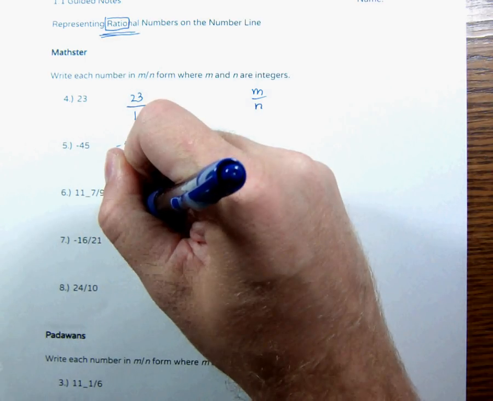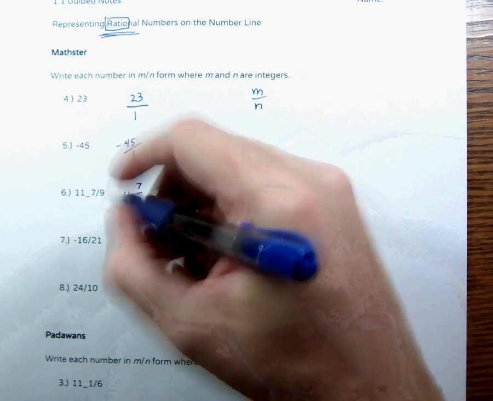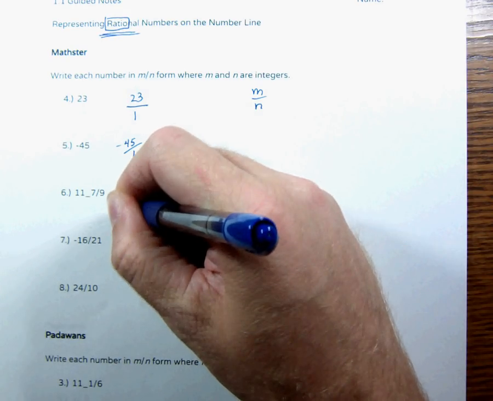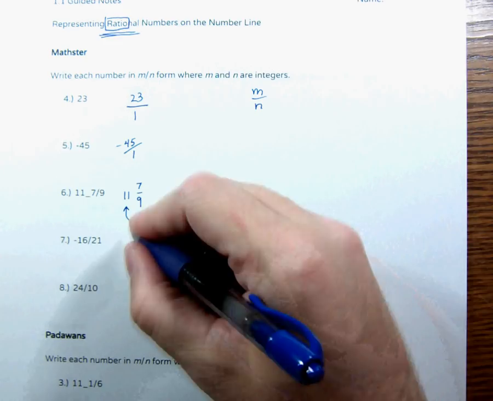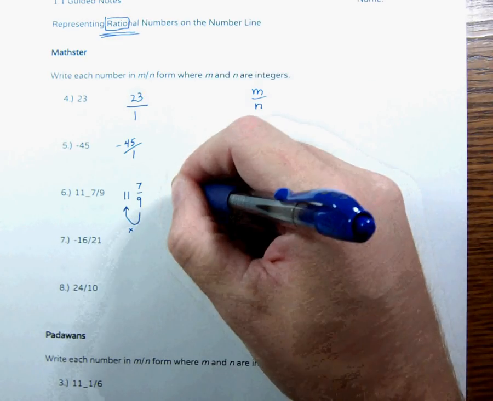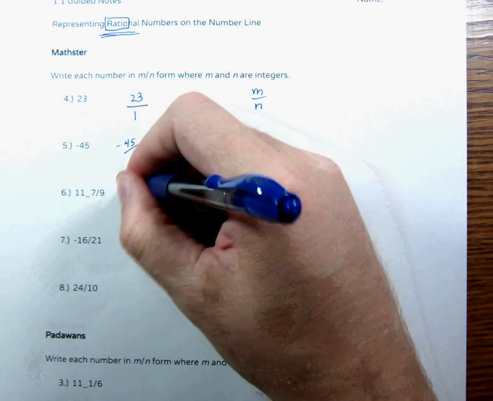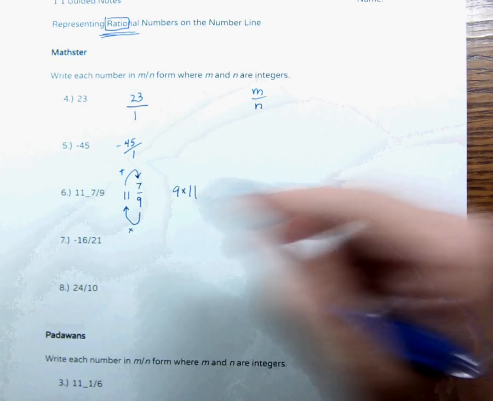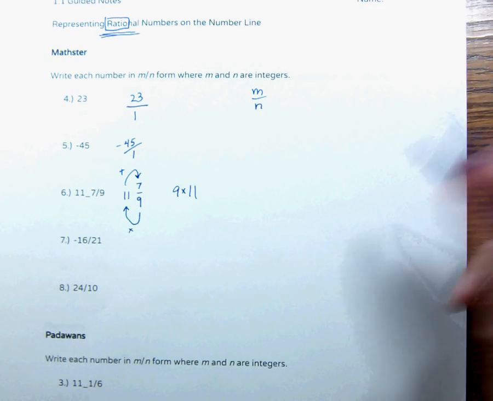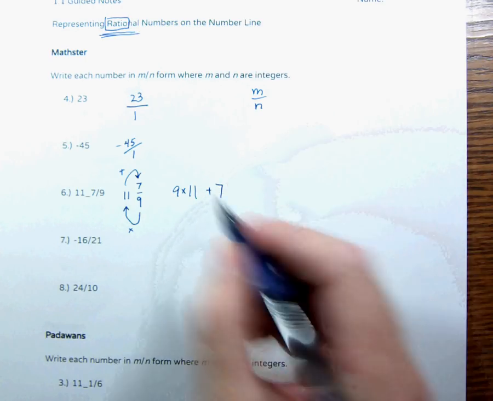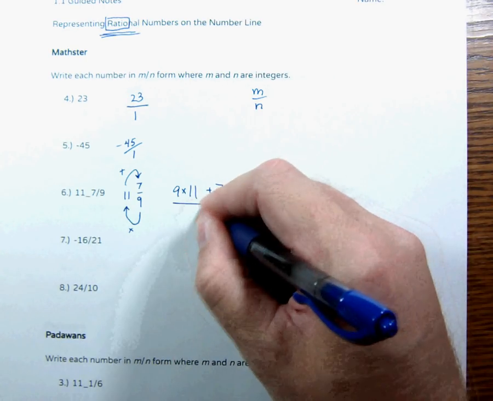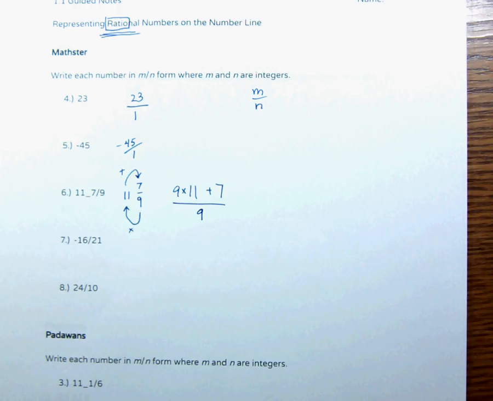To turn this into an improper fraction, we take the denominator, multiply it by the whole number, so 9 times 11, and then add the numerator, so plus 7, and put that over the original denominator.